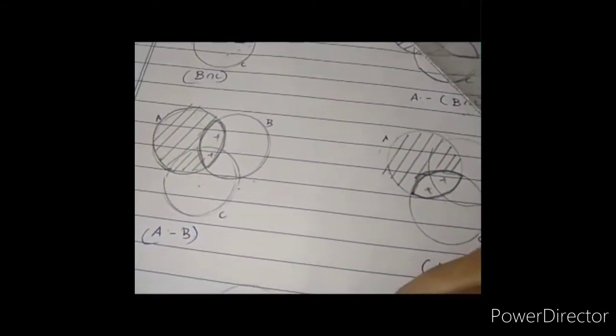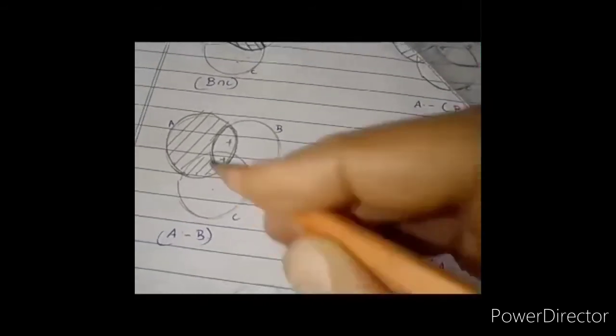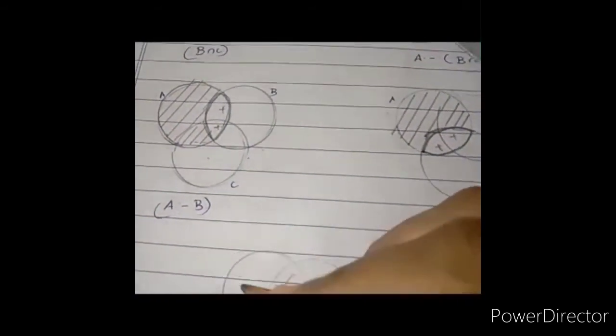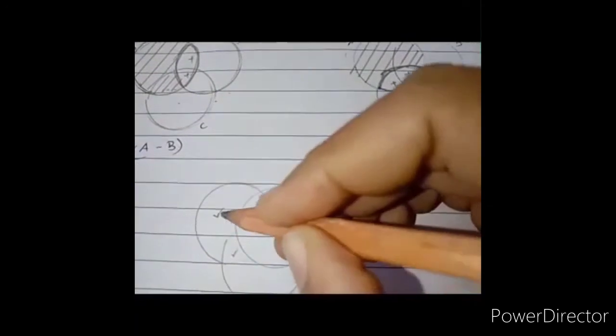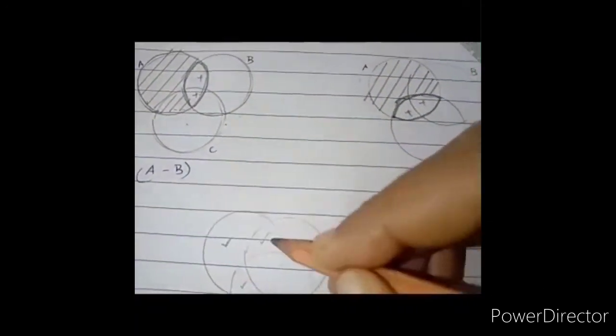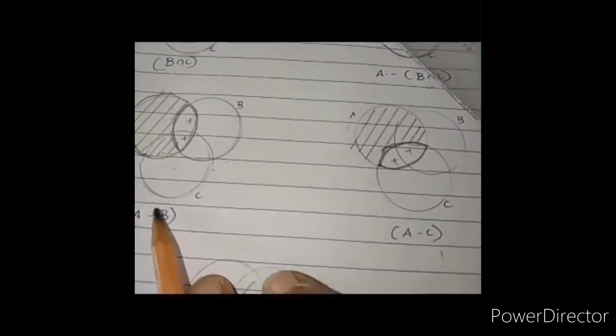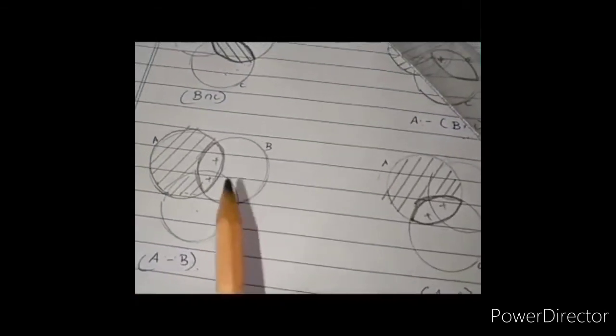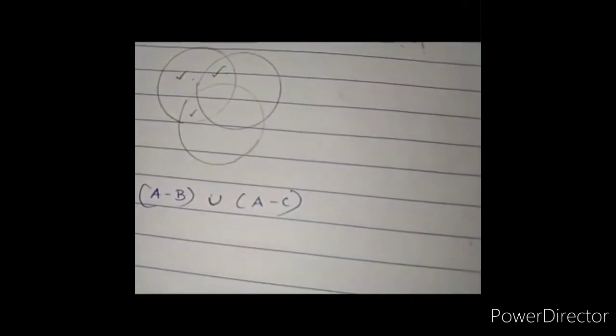So if you see here, this region is shaded, and then this one and this. So you have to shade all these three regions, because union means together. Together means you have to see A minus B, which region is shaded, that region you have to mark here, and A minus C, again this region and this region. So mark this one and then shade that region.